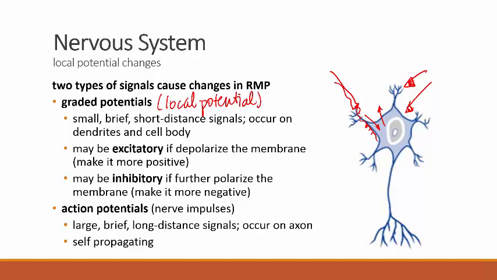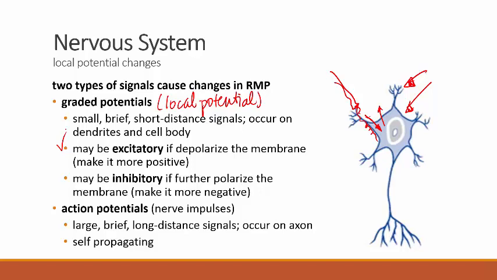Now, if this potential change opens up sodium channels and allows sodium into the cell, then we think of this as excitatory transmission, because it depolarizes the membrane. It helps to make the inside a little more positive.